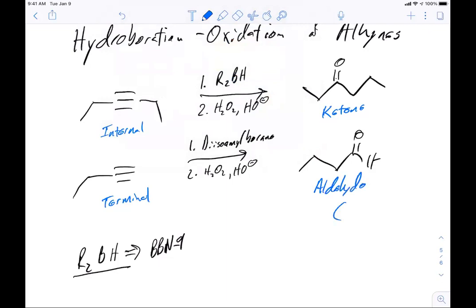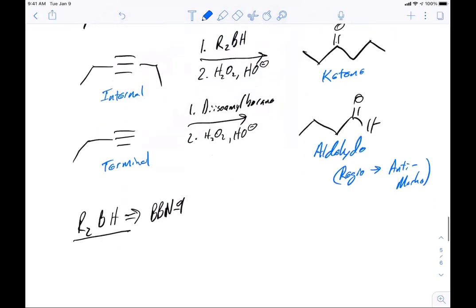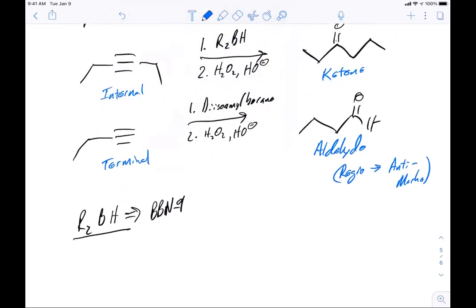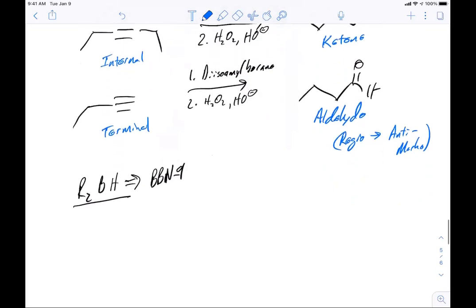So the regioselectivity here is anti-Markovnikov. So like the alkene, we do get the anti-Markovnikov addition. You don't need to know the mechanisms, but we'll walk you through the intermediate steps.